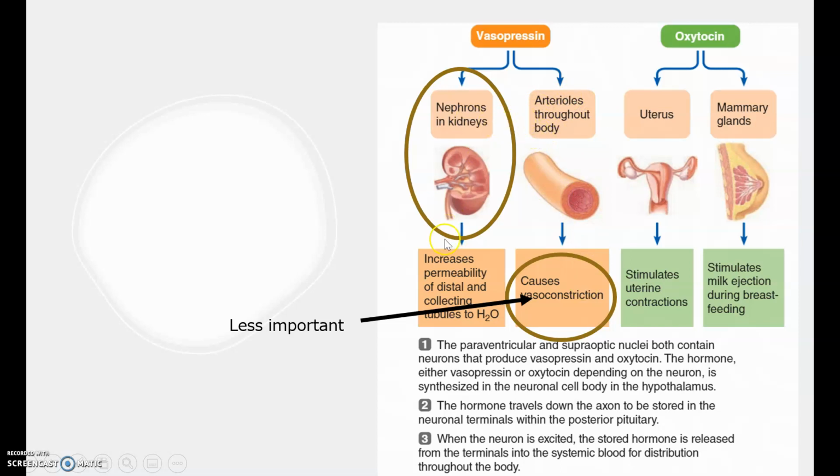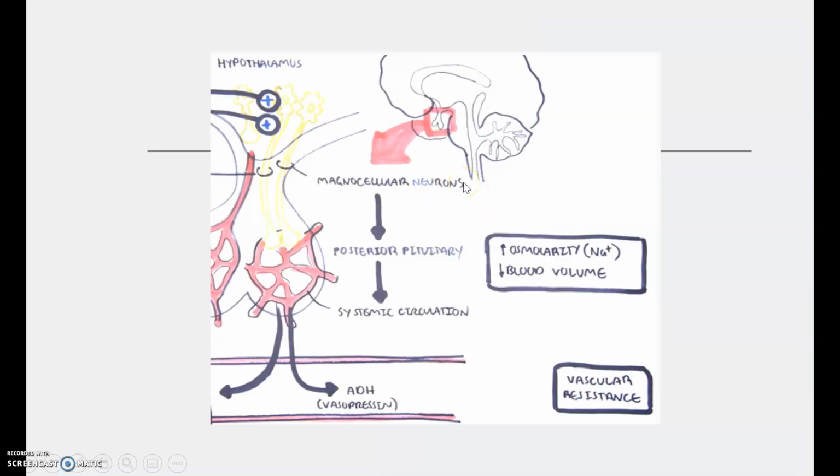But in the nephrons, this is going to increase the permeability to water in the collecting tubules, which will help the body retain it rather than excreting it through urine. And oxytocin over here is going to do two primary things in the uterine walls and the mammary glands. So let's go into specifically the nephrons in the kidneys.